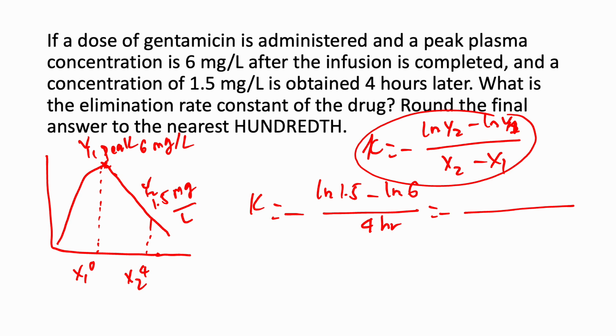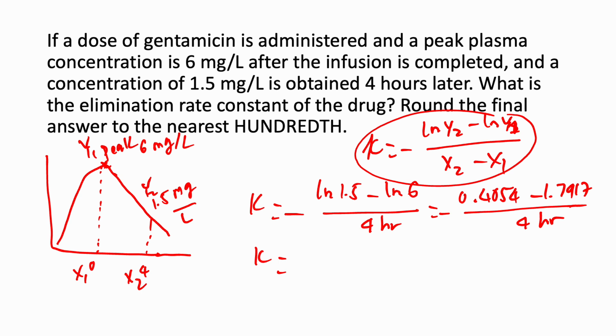Using the calculator, natural log of 1.5 is 0.4054. Subtract natural log of 6. Natural log of 6 is 1.7917, divided by 4 hours. So K will be equal to, in this case, because of the negative value here, you will take 1.7917 subtract 0.4054.